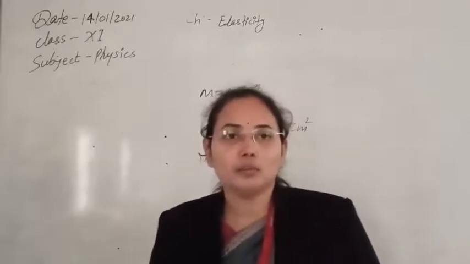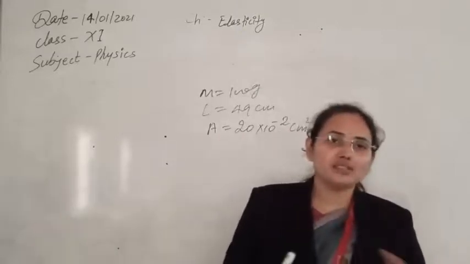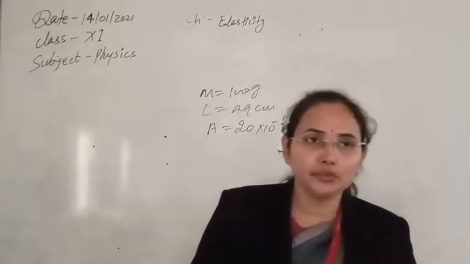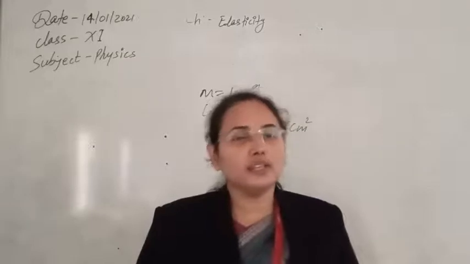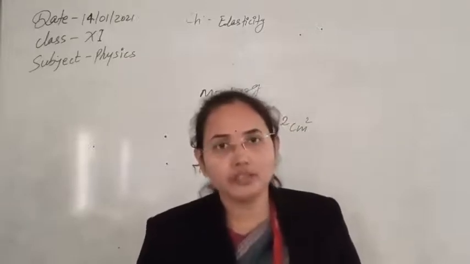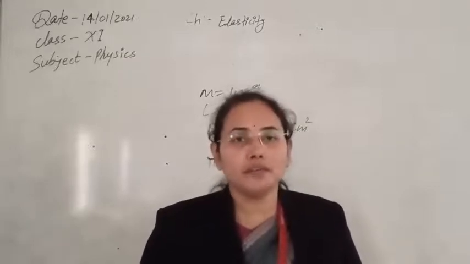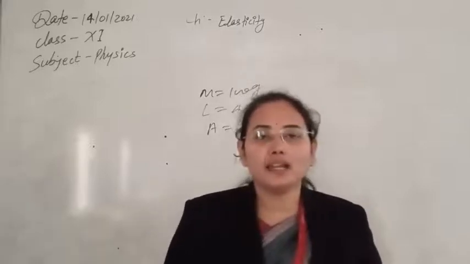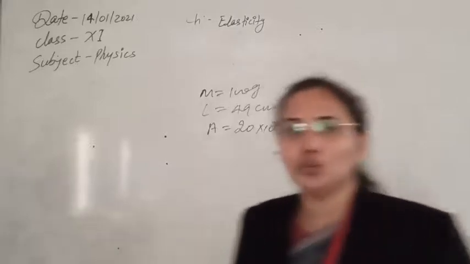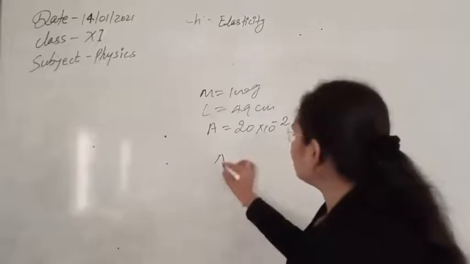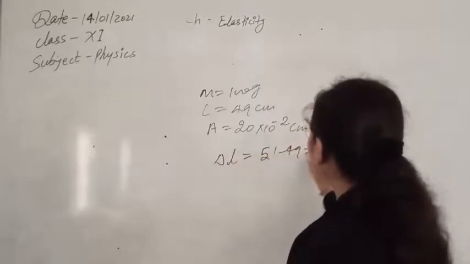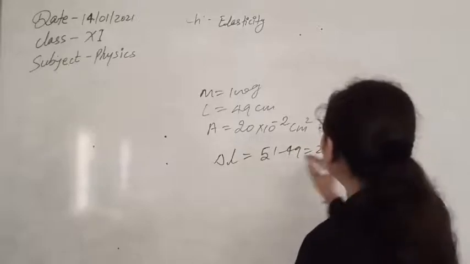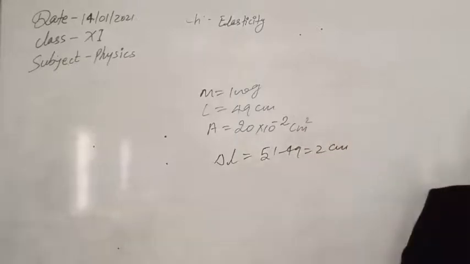In the circular motion there will be an extension in the wire, and it is given that the wire is doing circular motion with radius 51 centimeter. It means our wire has already elongated by 2 centimeter. We can easily calculate the elongation in the wire, that is 51 minus 49, which is obviously 2 centimeter. So this information is again given.